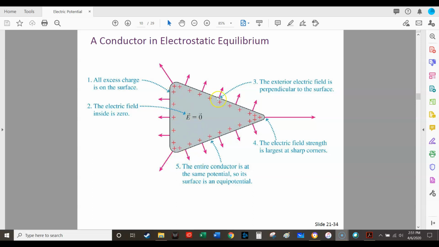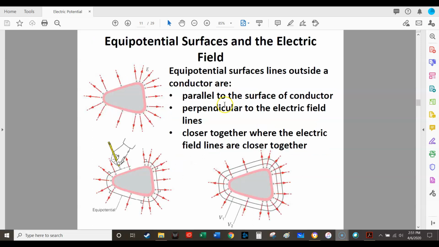So here we have the electric field lines. What is the relationship of voltage to the electric field lines? Here's the same object, and you can see the electric field lines, and those are created from positives. Voltage lines are perpendicular to the electric field lines. They're parallel to the conducting surface, so it's almost like you drop this triangular-like object into the water and you see ripples come out.